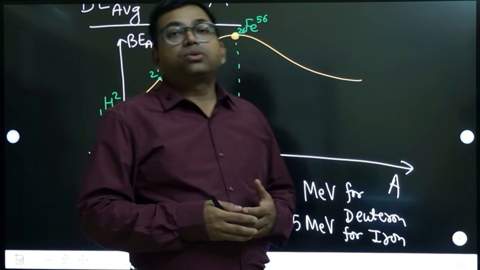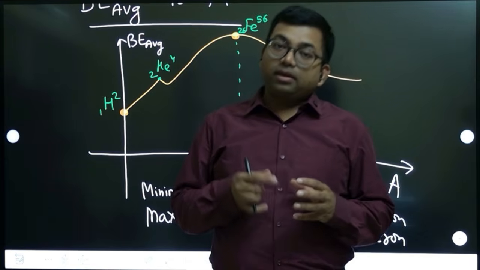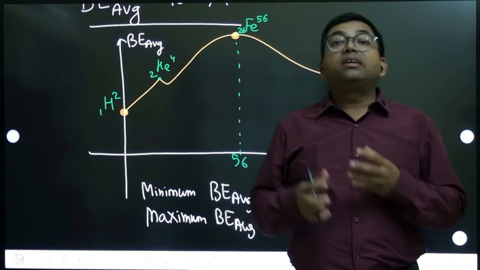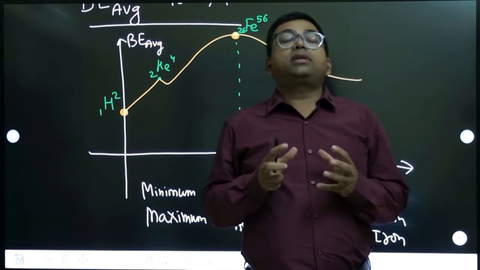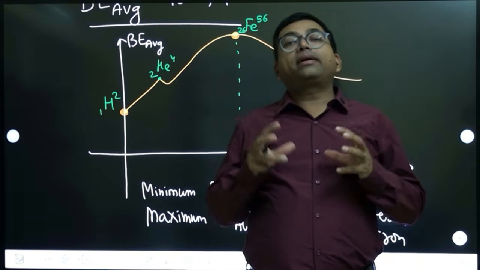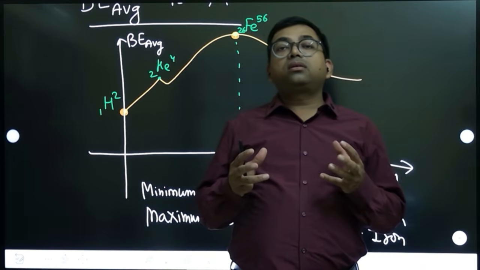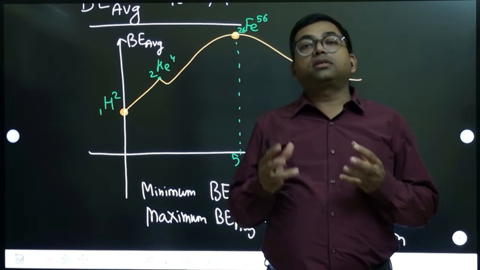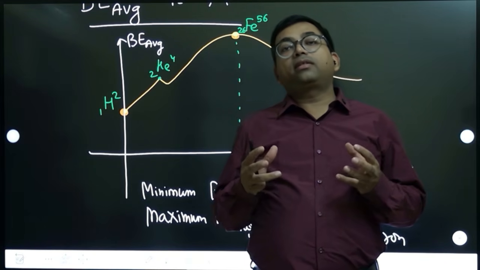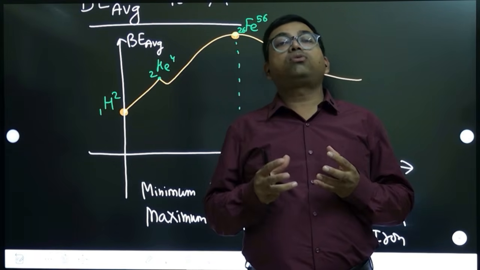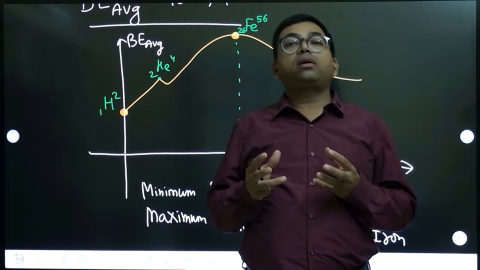So here we need to note that two kinds of nuclear reactions happen. In one, small nuclei combine to form a bigger nucleus, and in another, which is the fission reaction, a bigger, unstable nucleus splits into smaller nuclei, right?